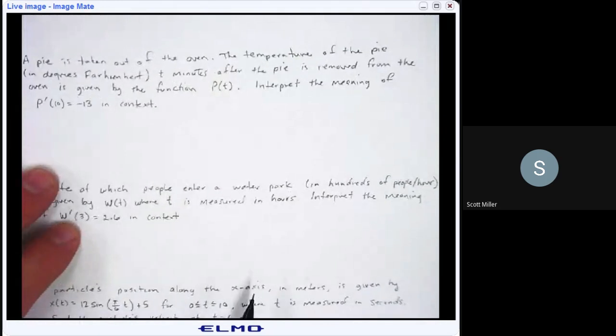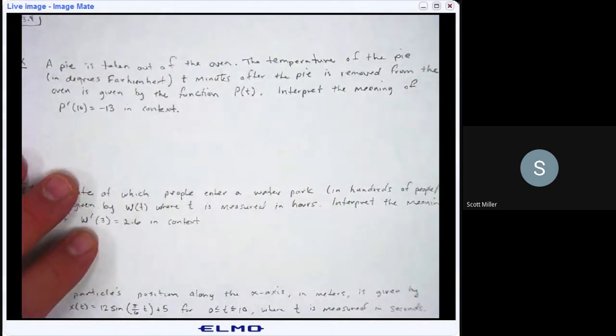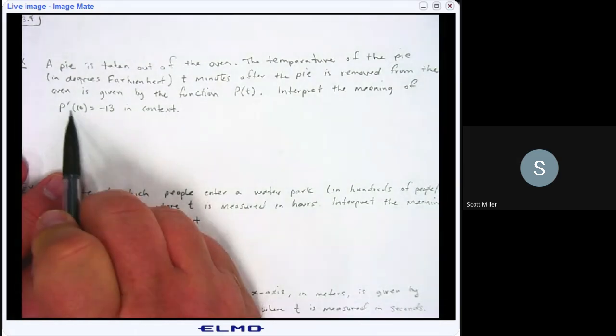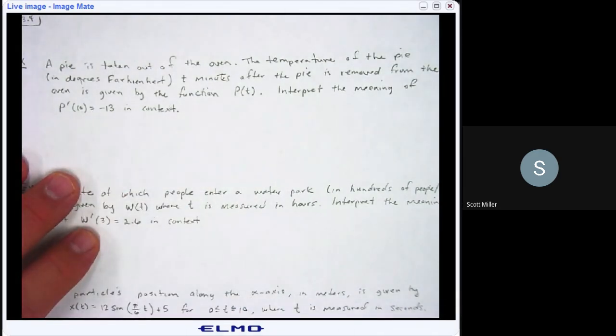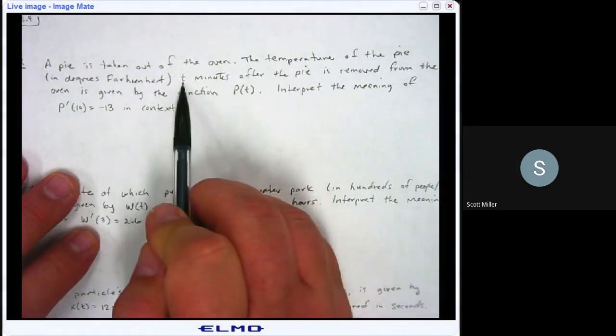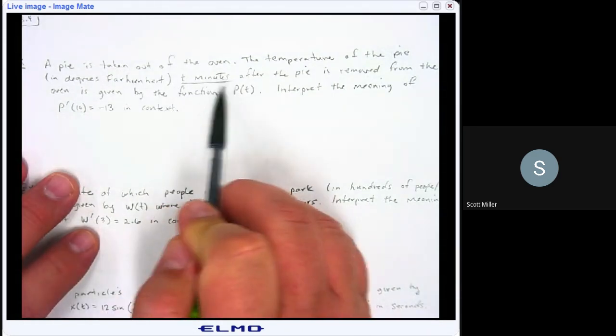So I have a place over here we can write. So here's our question right here. What does p prime of 10 equal to negative 13 mean in context to this story? Okay, so let's break down the stuff that we saw up in here. Well, first off, time is in minutes.